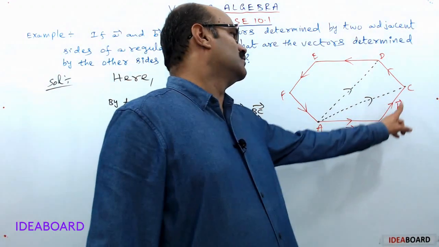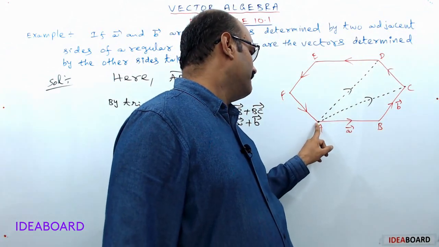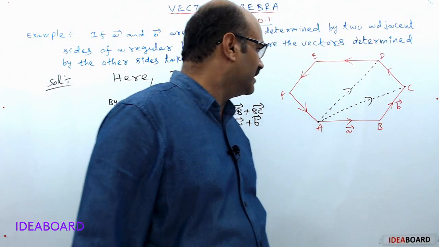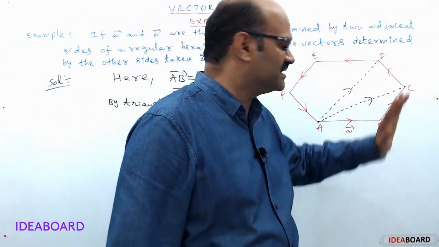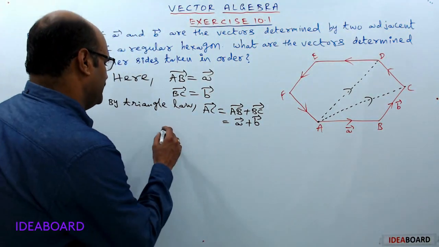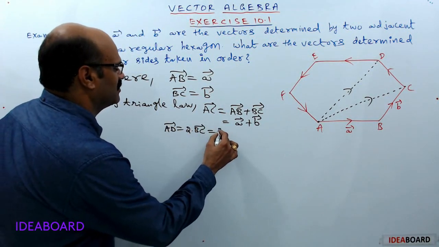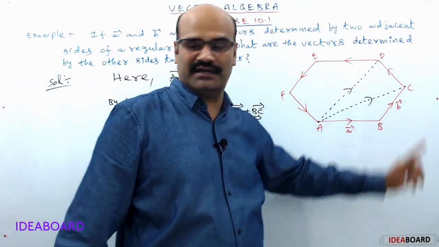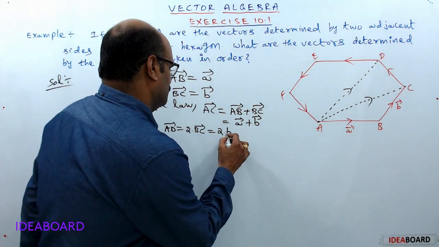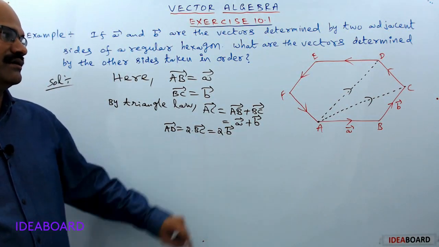Now to find the CD vector, find the AD vector. Clearly AD vector is 2 times BC vector, and 2 times BC vector is 2 times B vector. So AD vector equals 2B vector.